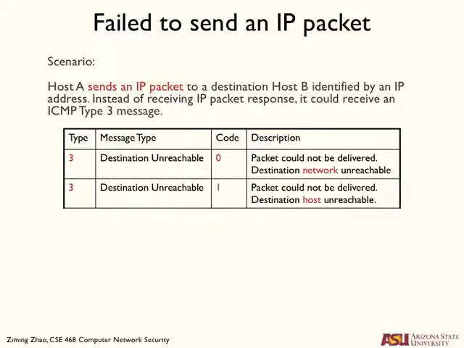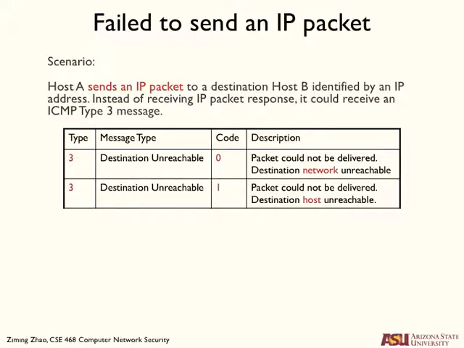So we have prepared several scenarios for you to understand how ICMP is used. The first scenario: let's say host A sends an IP packet to a destination host B, and A already knows B's IP address. That's why host A can construct that IP packet.